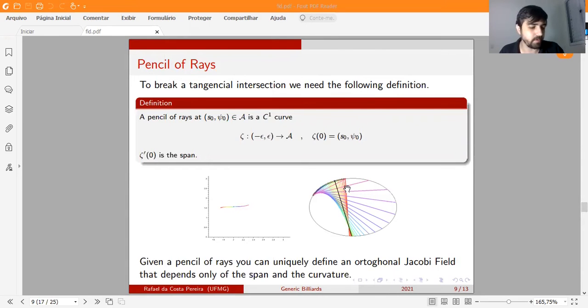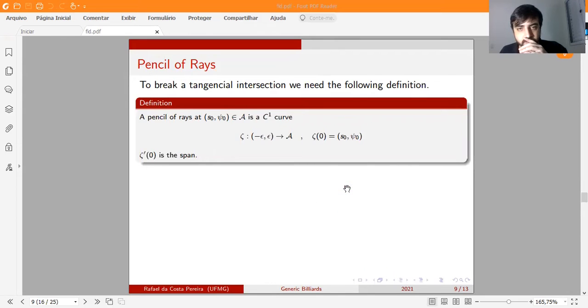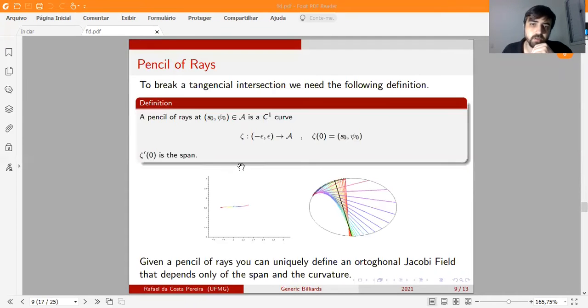Using the mirror equation and some other techniques together with these normal perturbations, we can prove that if you have hyperbolic orbits with a tangential intersection, we can break this tangential intersection and make a transversal one.